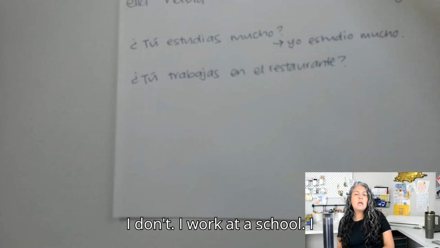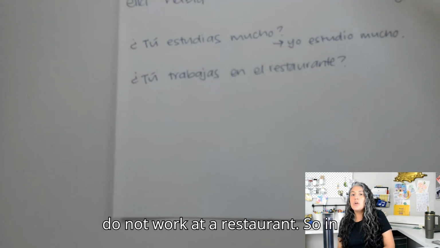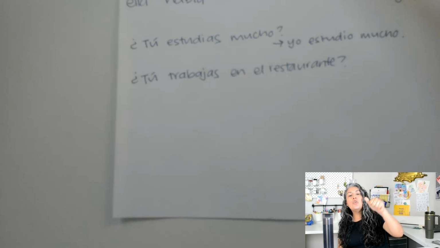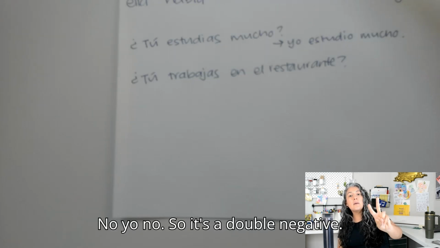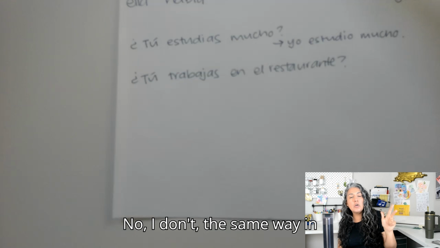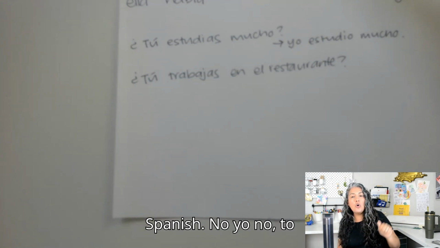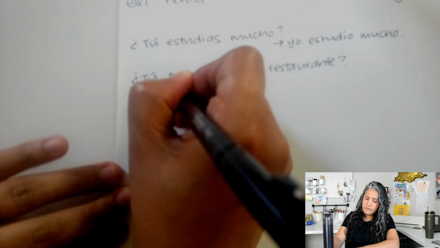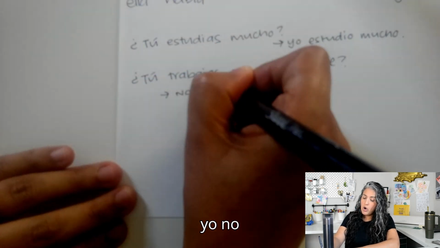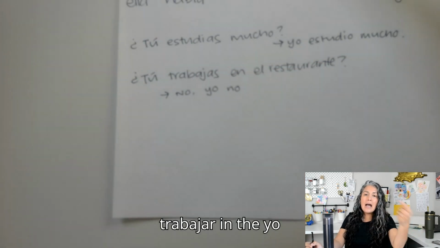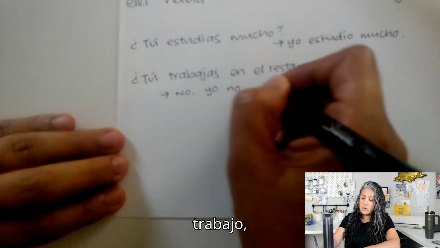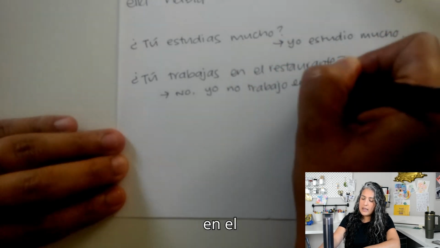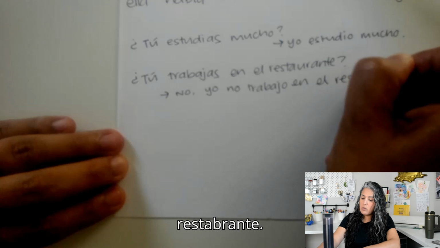Let's say I don't. I work at a school. I do not work at a restaurant. So in English, we say, no, I don't. No, yo no. So it's a double negative. No, I don't. The same way in Spanish. No, yo no. To say I don't. No, yo no trabajo en el restaurante.